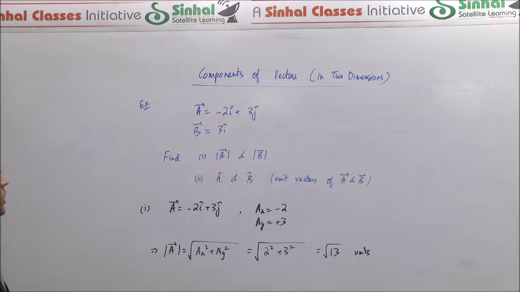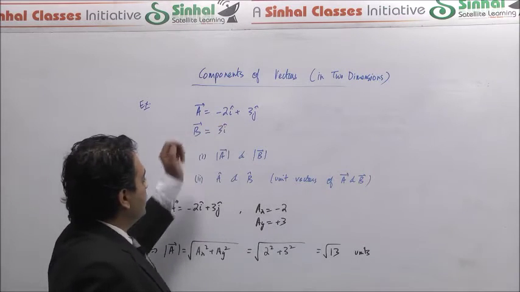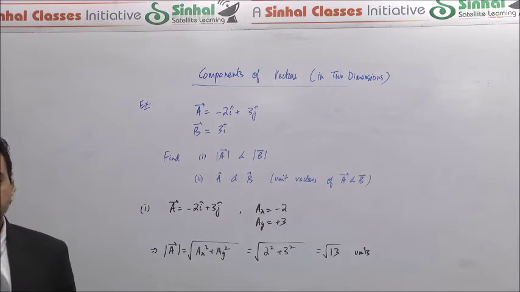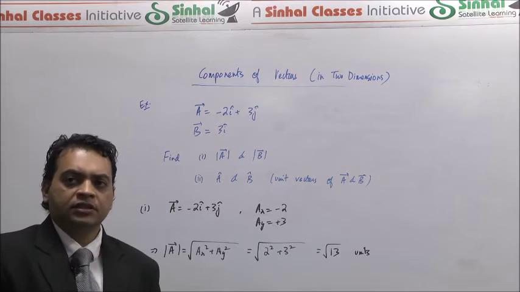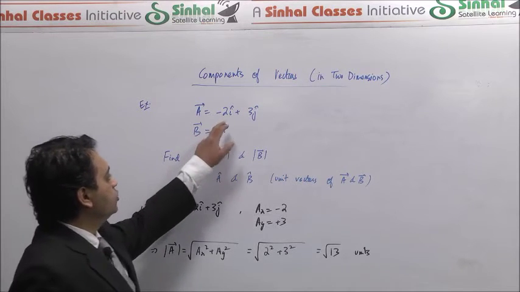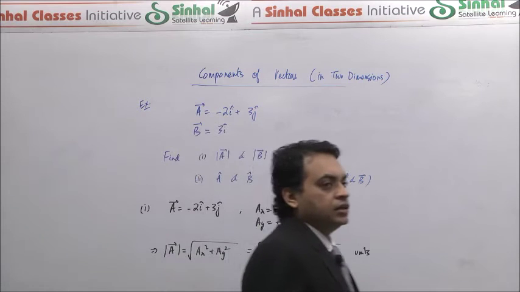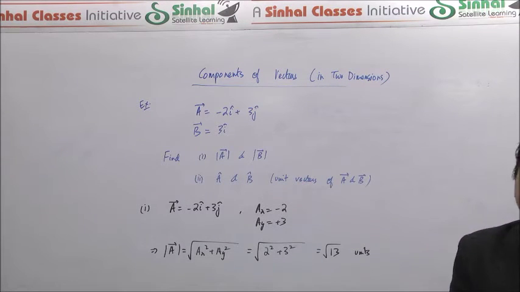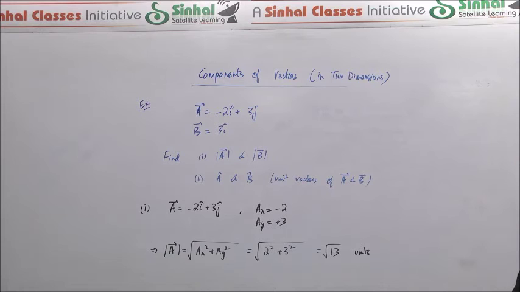One thing to keep in mind here is that when we look at applications of vectors with actual physical quantities, the unit vectors i cap and j cap are dimensionless. They are just unit vectors, so they do not have any particular unit or dimension. It is the component which has the dimension.